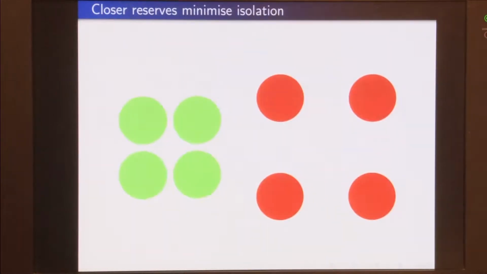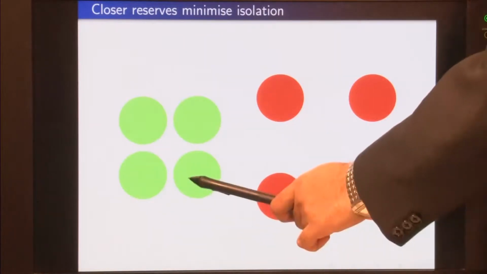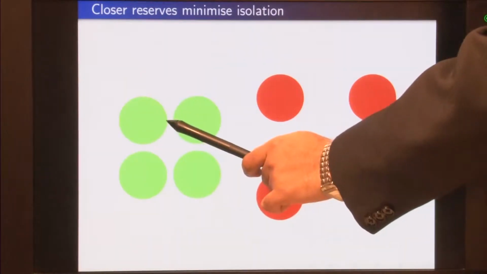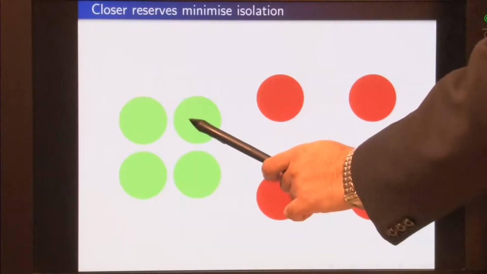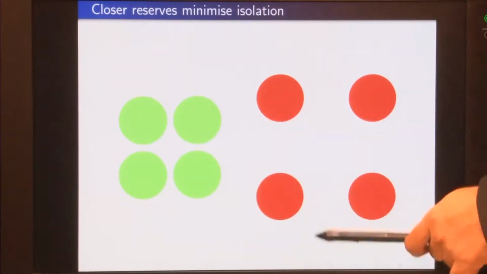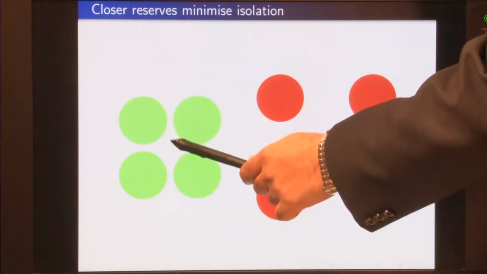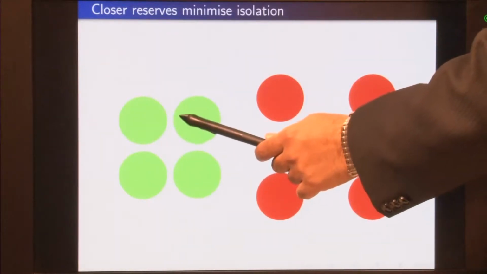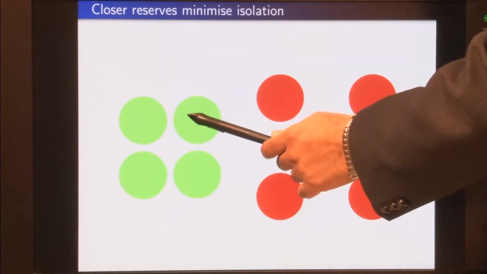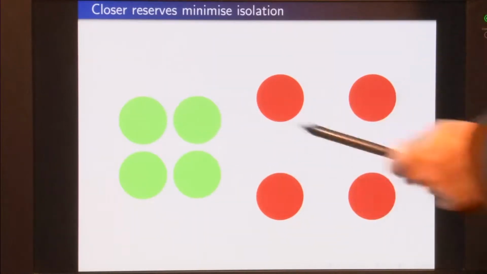The next principle is that closer reserves are better because they minimize isolation. So, basically if we have these two situations, this situation is better because if we have a small corridor here, the animals will be able to move from this point to this point. Even when we do not have a corridor, there is a small patch of human dominated areas, and there would be some animals which would be able to cross from this side to this side.